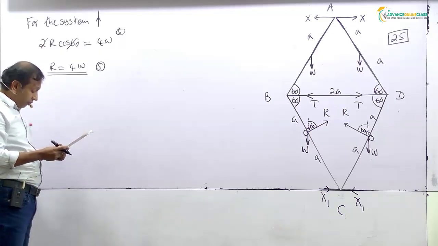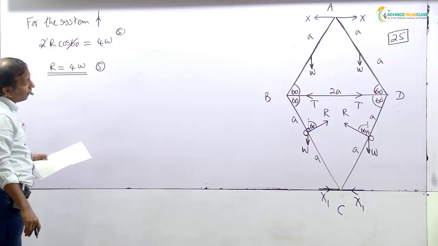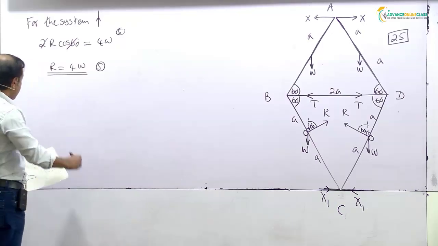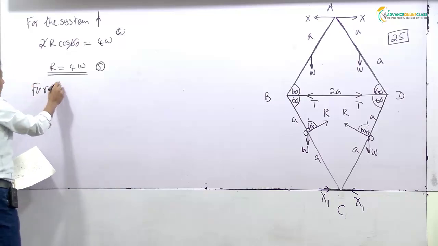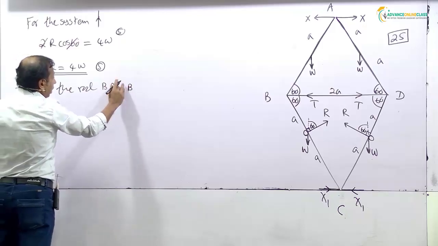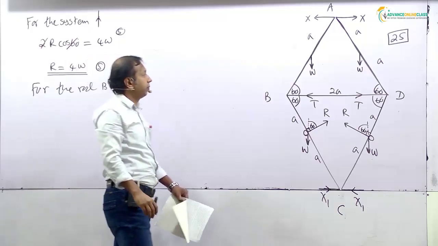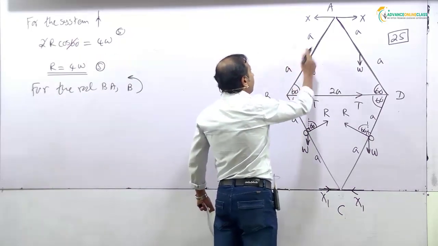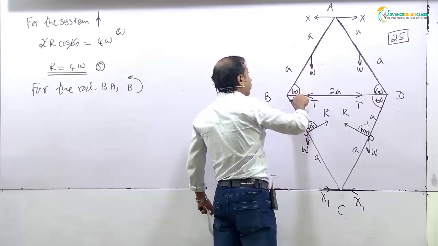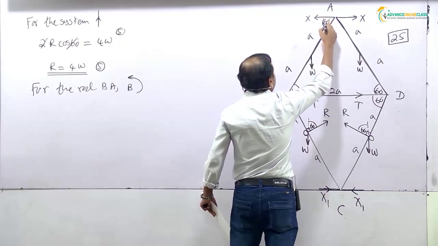Yes, next one. For the rod BA, we take moments around B. What do you get? X gives an anticlockwise moment, W gives a clockwise moment. This is 60, this is also 60.